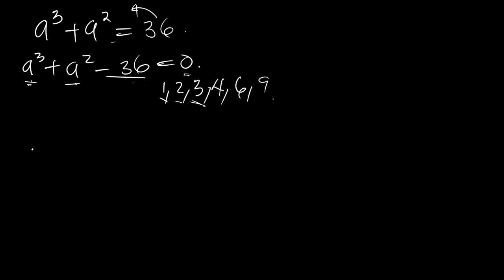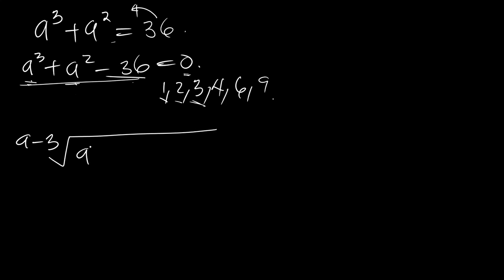So that means a minus 3 is a factor of this expression. So now we use this a minus 3 to divide that expression to get the other part of the factor. Now when you multiply with this, you get this back.